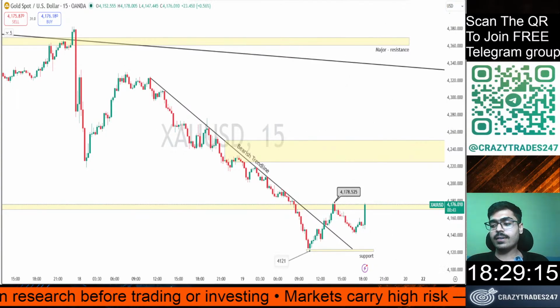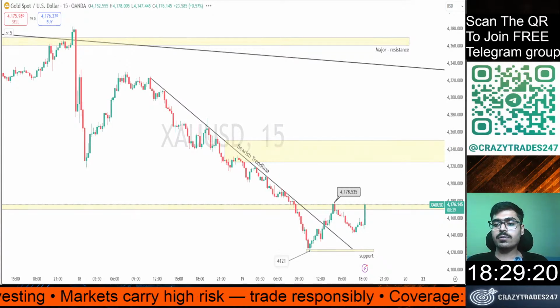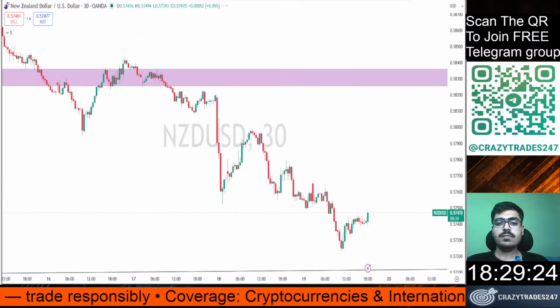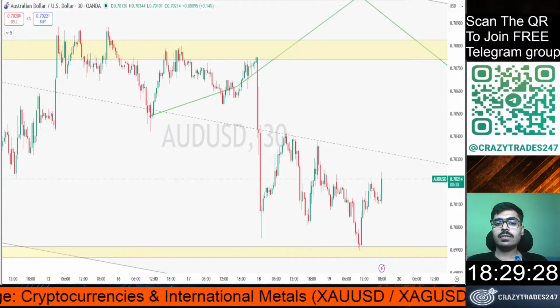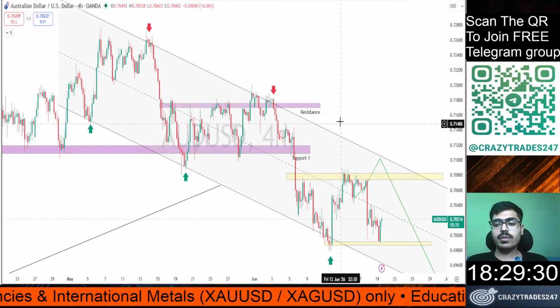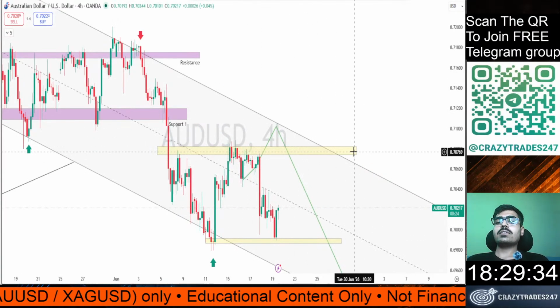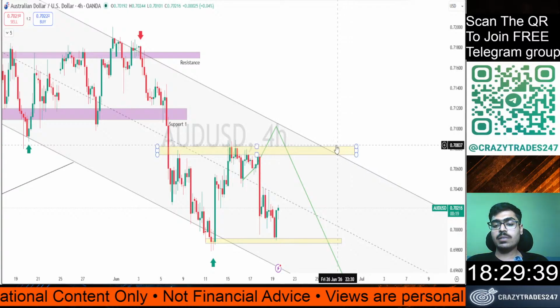So let's get back to our forex pair that we were discussing right now. Yes, this was the AUD USD pair that we were discussing. This is the support and resistance level that we have marked out, and these are working quite well.